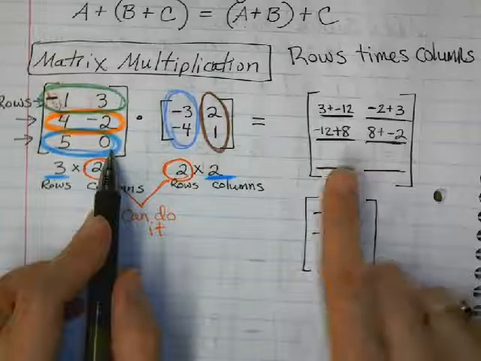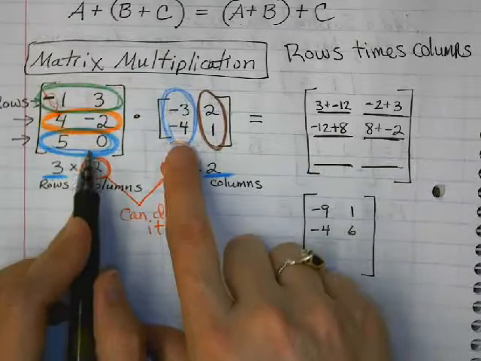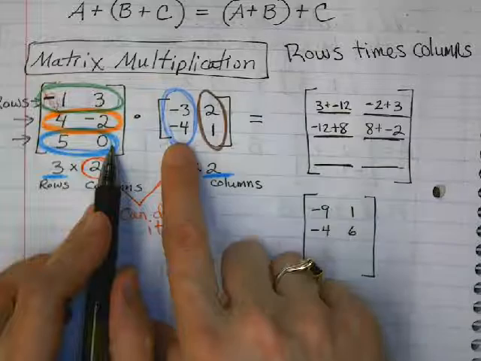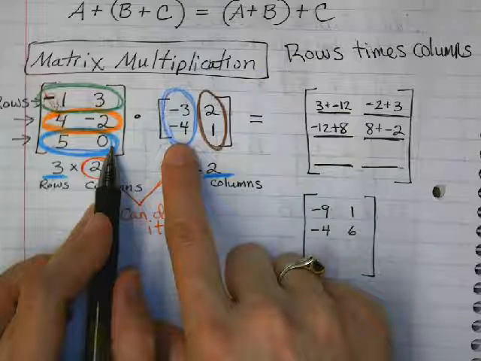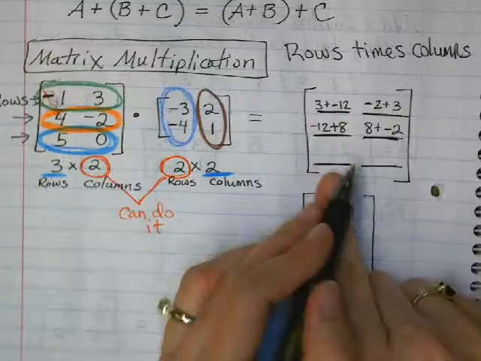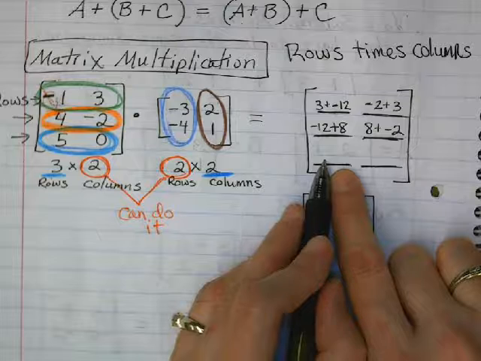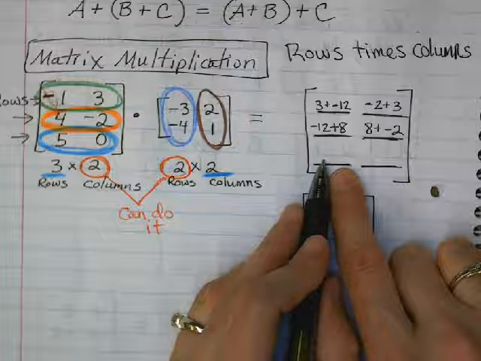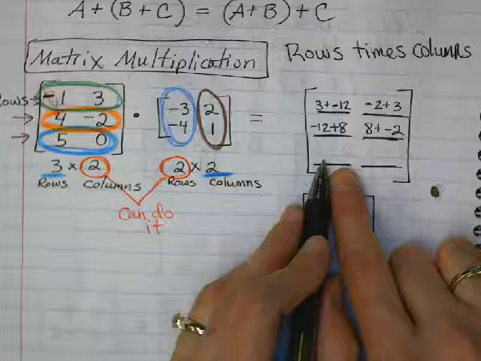Let's see if they know it. Row times column. Do you know what I'm going to put here? They're thinking.